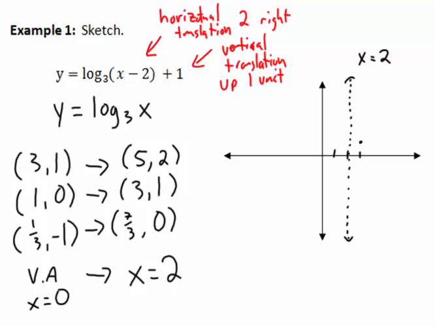If we go to (5, 2), over 5, up 2, we're about here. And remember, 7/3 is the same as 2 and 1/3. So approximately right here. And again, we're just doing a sketch of this. So here is our transformed logarithmic function. Just following that transformation, getting a sketch of that function.